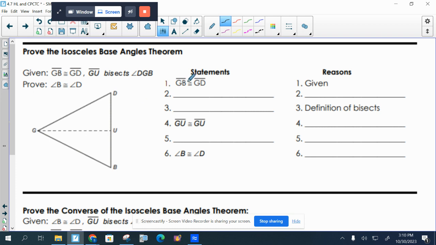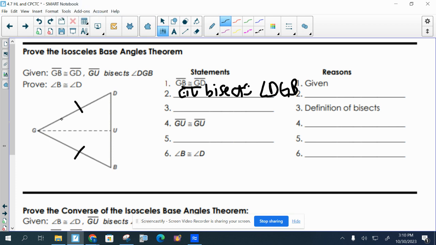So it says GB and GD. GB, GD. Given. Let's do our other given. GU bisects angle DGB. So if it bisects an angle, that means we have angle congruent, angle congruent. So that's what we'll do the next part, definition of bisects.